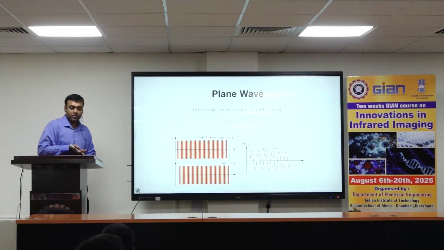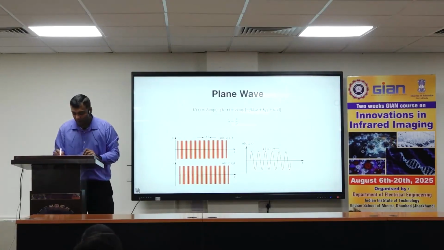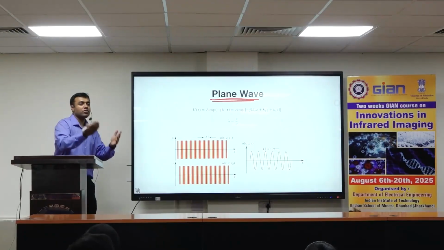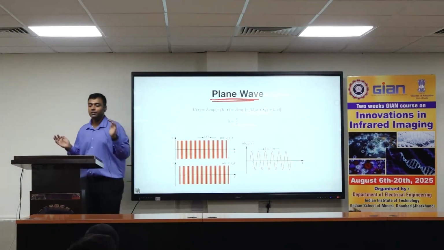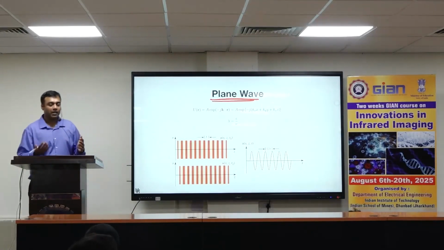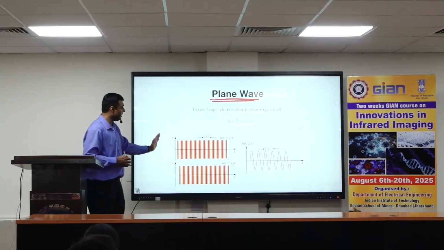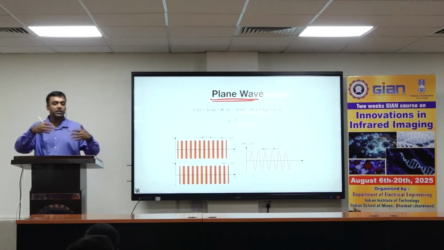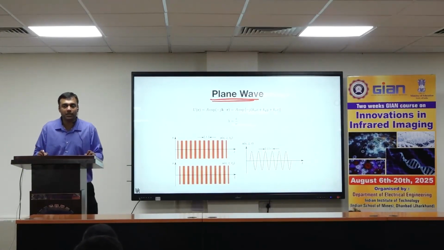Okay. So now starting from this point, there are different kinds of waves. We'll start with the simplest version of a wave that can travel, which is called the plane wave. The thing in optics is that you have to imagine in 2 and 3 dimensions, which in the beginning can be a little bit difficult.